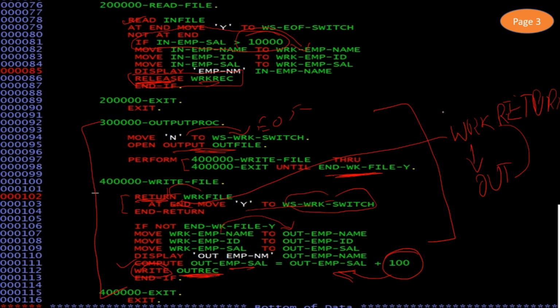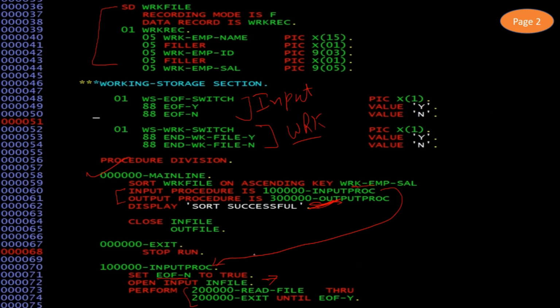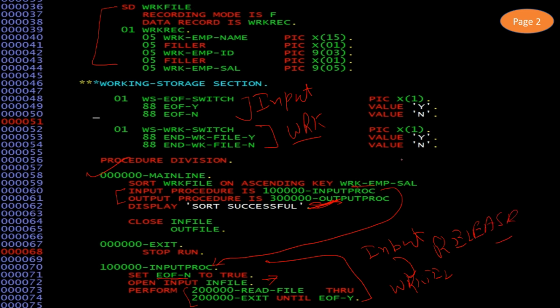And in the input procedure, we will use the input file; from the input file we will write into the work file or temporary file. So we will use the release verb here. Okay guys, I think you got it very well, what the input procedure and output procedure are.